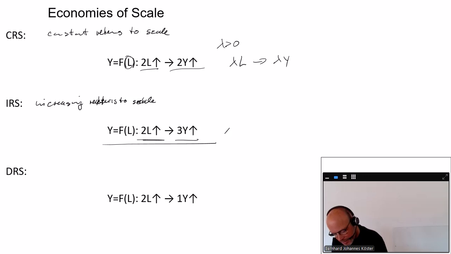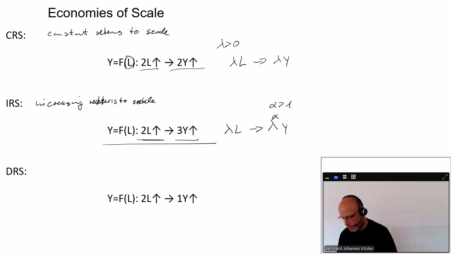And here, if we are increasing L with lambda, then this means we are increasing output, not with lambda, but with lambda to the power of alpha, where alpha is larger than 1.